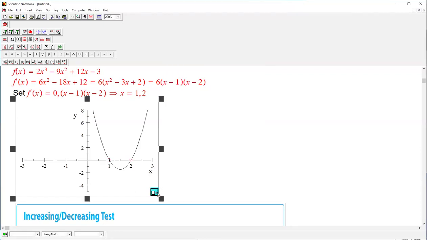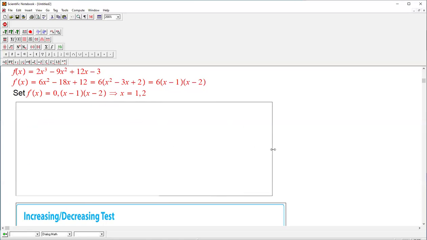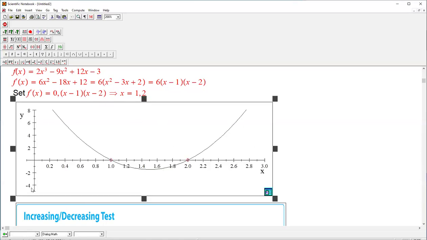Let me adjust so we don't have so much view, and make the graph a bit more convenient to see. This is the graph of the first order derivative.